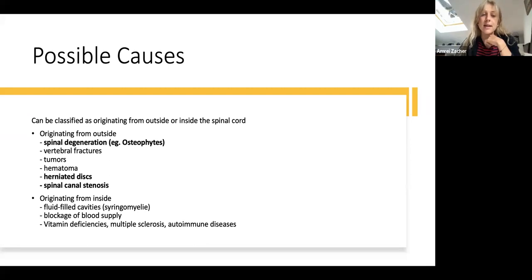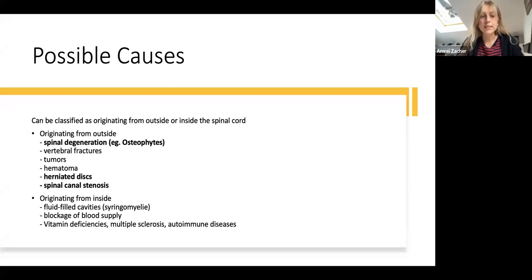Then you have things like vertebral fractures, tumors, hematomas, herniated discs, or also spinal canal stenosis. And the most common of all of these are the ones that I wrote in bold.